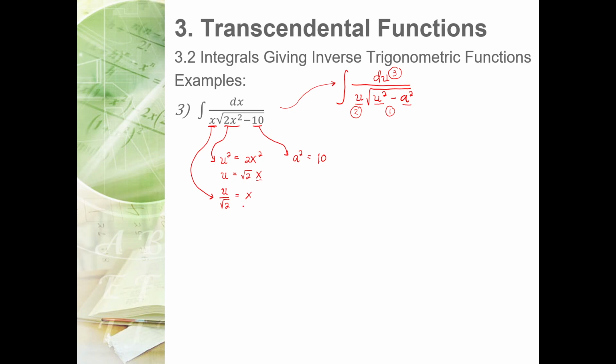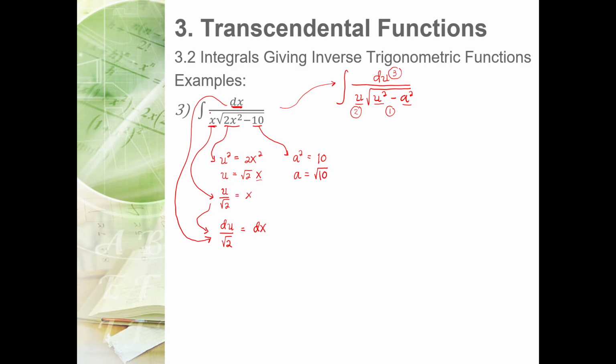So now as we get the derivative, the derivative of this one is just du all over square root of 2 is equal to dx, which is the given value in the numerator. So this one is this answer here. So don't forget to also get the square root of a. That's square root of 10.